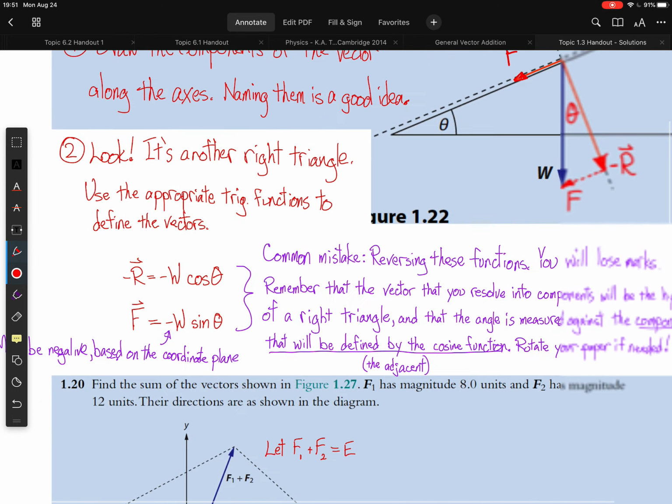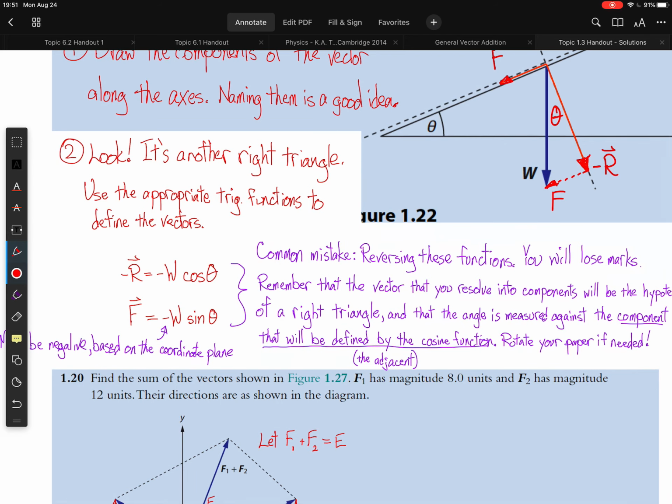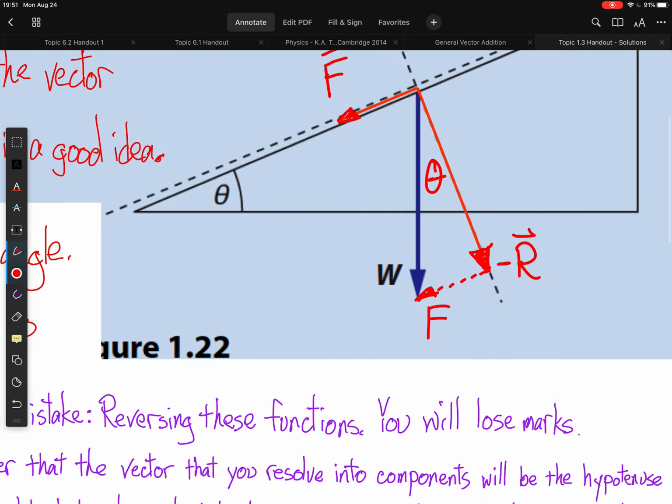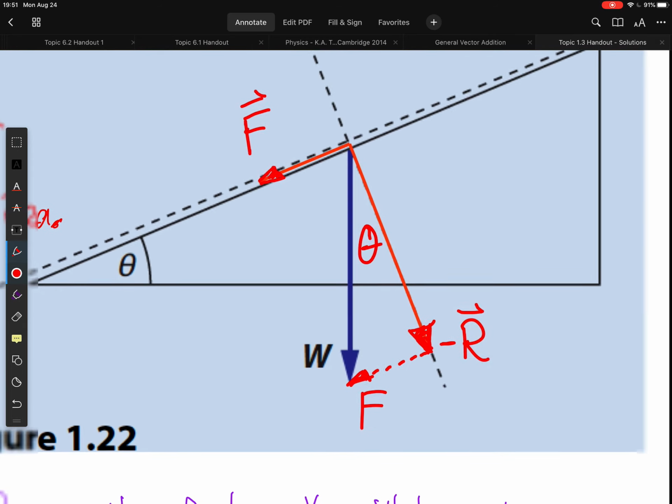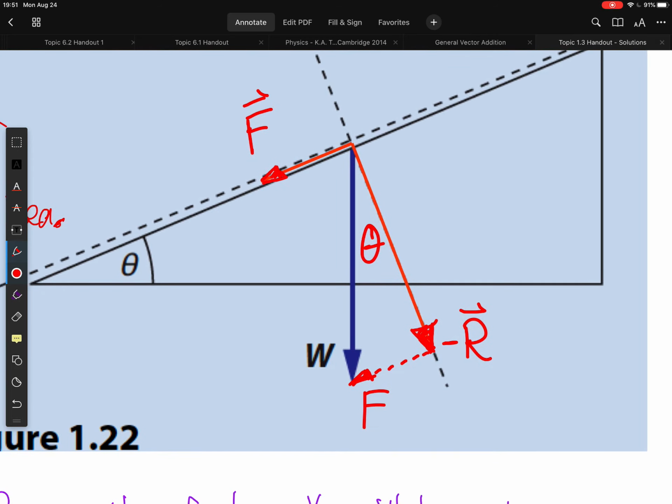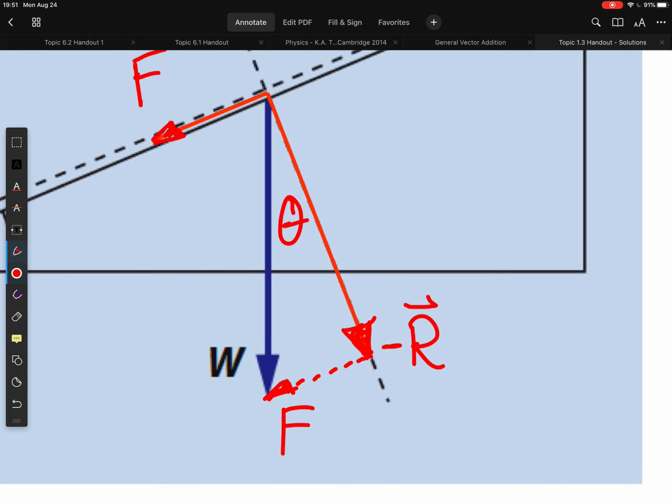Now, you may be asking yourself, how do I know which to use? The answer to that question is pretty simple. You may need to rotate your diagram or your paper to see what we should do here. But basically, this angle, theta, will always be measured against the adjacent. So you remember SOHCAHTOA, right?